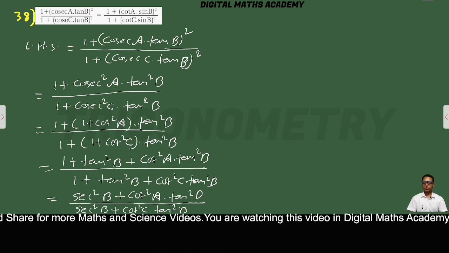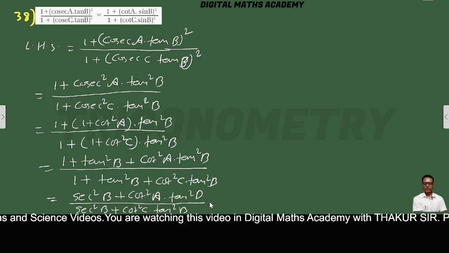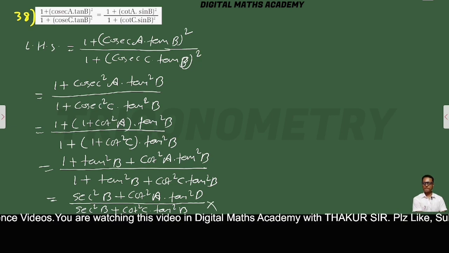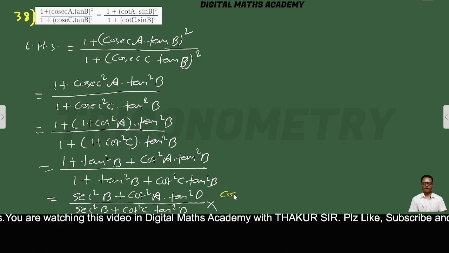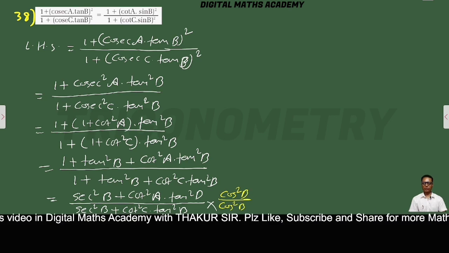Now we are going to do one technique. The technique is we are going to multiply up and down by cos² B. Why?